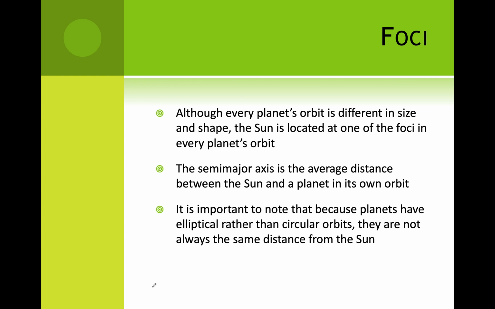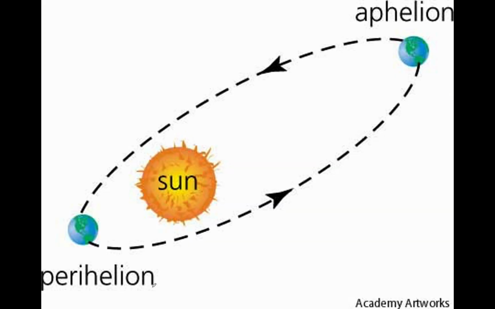We refer to the point where a planet is furthest from the sun in its orbit as aphelion. And the point where it's closest, we call perihelion. Again, super exaggerated. It's not this elliptical. It's much more circular than this.